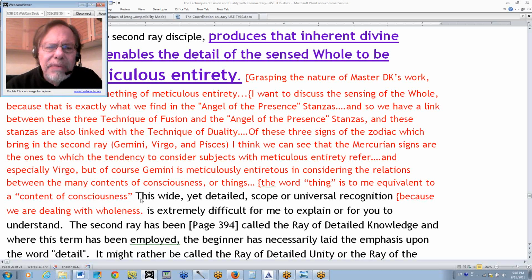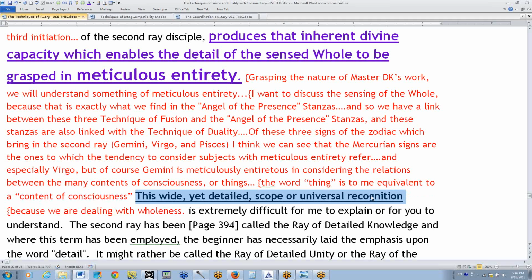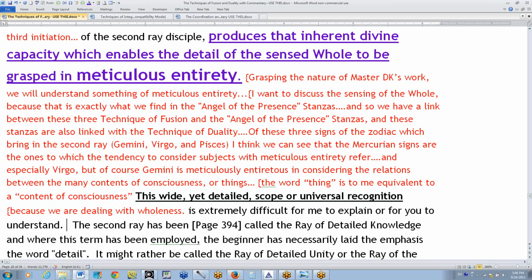This wide yet detailed, that's the point. It's not wide in general, it's wide and detailed. Scope of universal recognition is extremely difficult for me to explain or for you to understand. It's as if we can think through the power of analogy of any content of cosmos and come up with relations to that content.